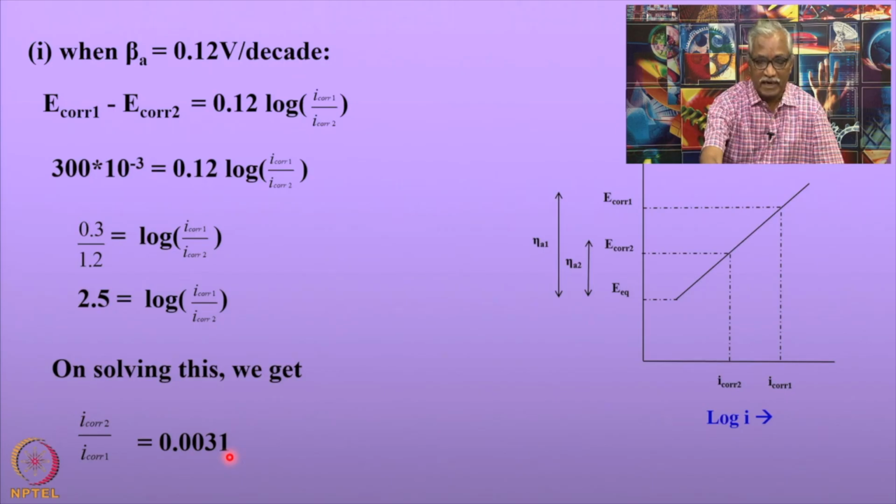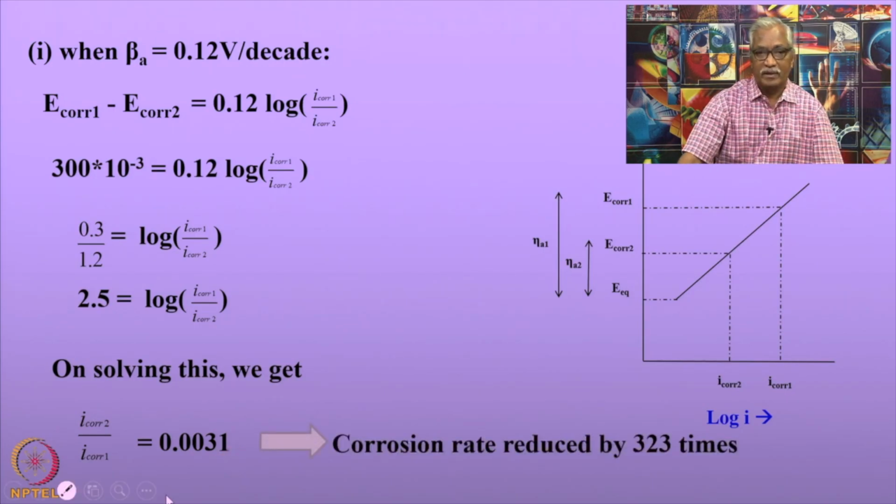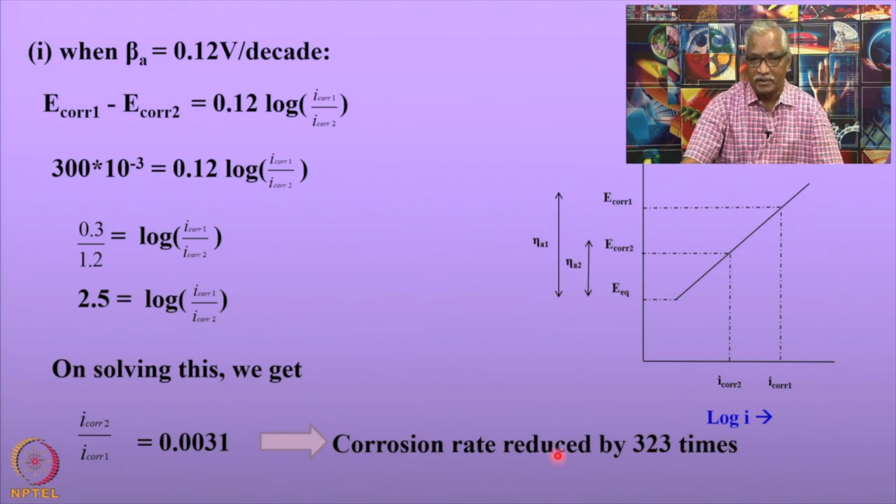So, that corresponds to an increase in corrosion resistance by 323 times should the Tafel slope be 0.12 volt per decade.